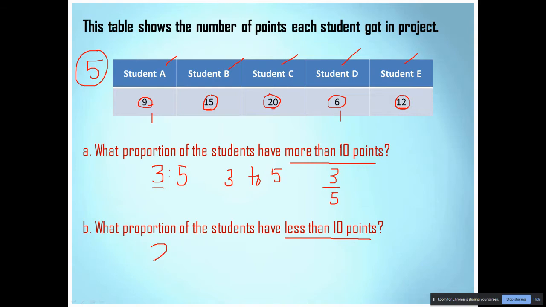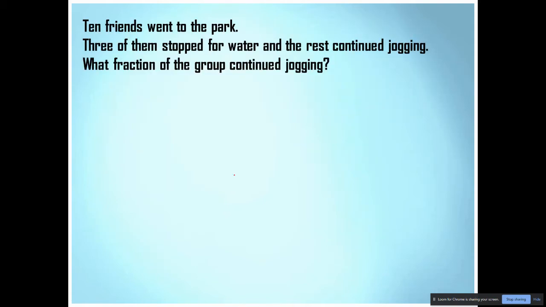So 2 students got less than 10 points out of 5 students. You see, that means in 5 students, 3 of them got more than 10 points and 2 of them got less than 10 points. So that is the proportion. All right, easy, yeah?